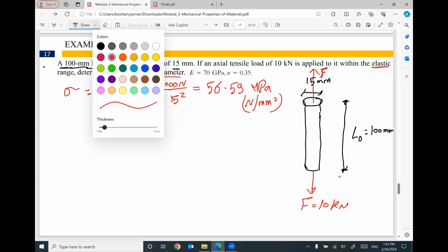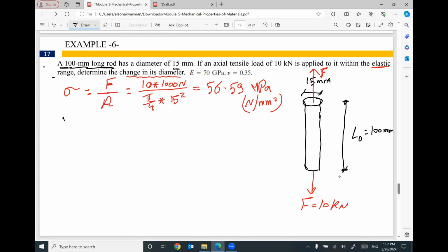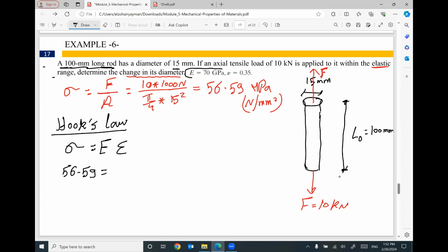Keep in your mind, we have a relationship between stress and strain using Hooke's law. Your stress equal Young's modulus E times strain. Stress in this rod is calculated 56.59. The Young's modulus of the material of this rod is given 70 gigapascal, so I'm gonna multiply it by 1000 to be in megapascal, times strain.